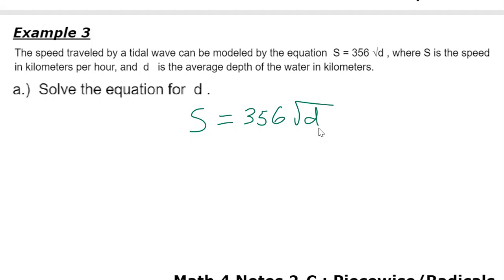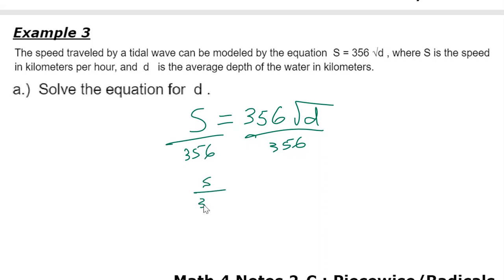It's usually based on their body weight. And so they have these formulas that are already rearranged in the right order so that all you've got to do is plug in their weight and you can figure out how many milligrams they're going to need. And that's because somebody did just what we're doing here. They rearranged it the way we needed it ahead of time. So we're going to divide by 356.